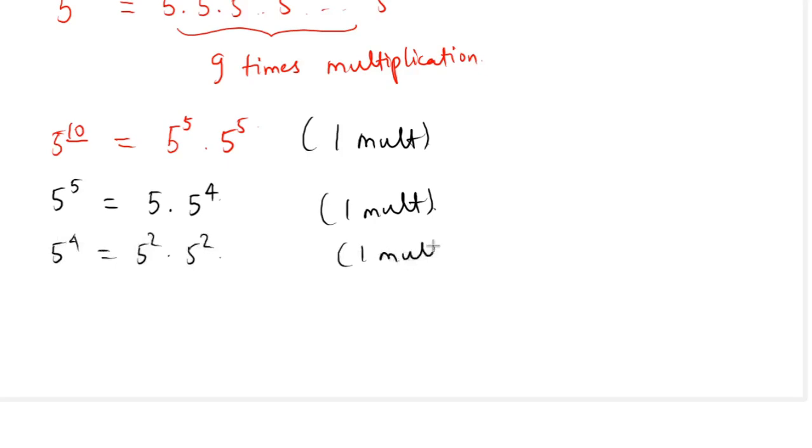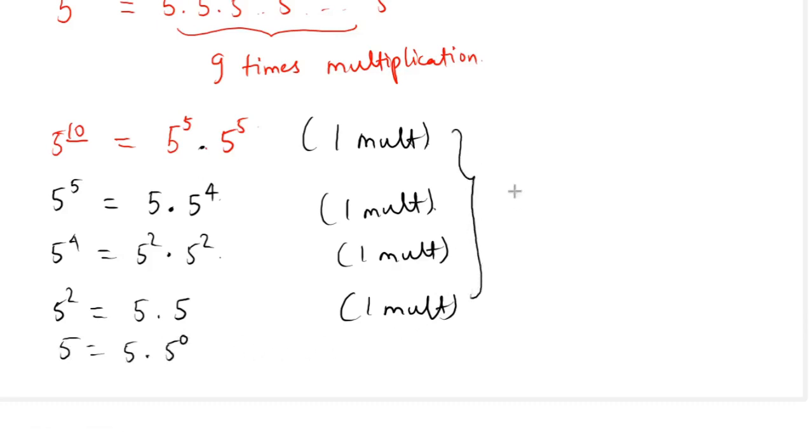One multiplication. And 5 raised to 2 can be computed like 5 times 5. One multiplication. And 5 can be computed like 5 times 5 raised to 0. This may or may not be considered. So given that, 4 multiplications take place.